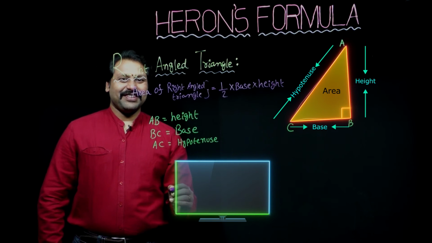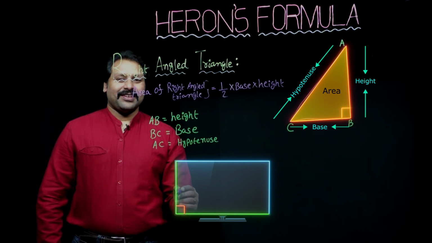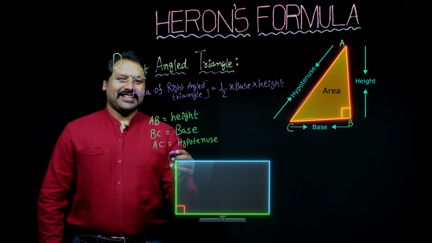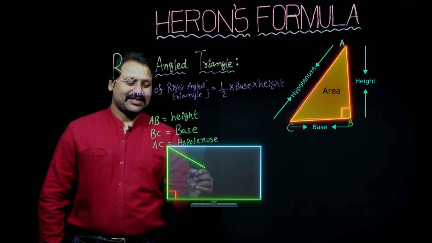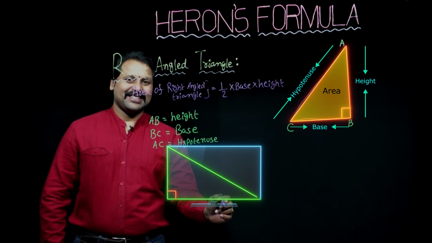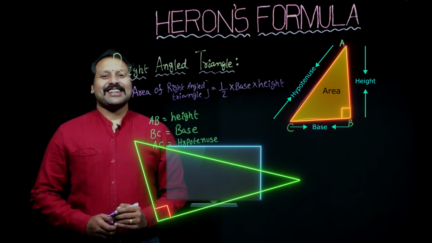The angle between them is 90 degrees. If you draw a line joining the extremities of these two edges like this, then we get a right angle triangle.